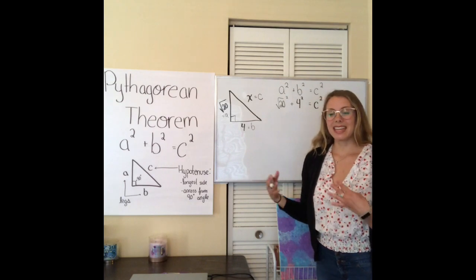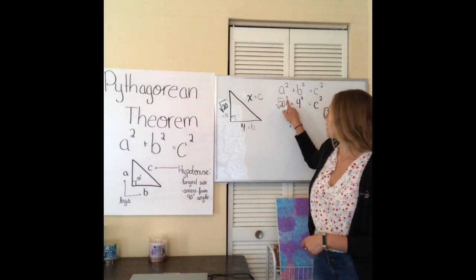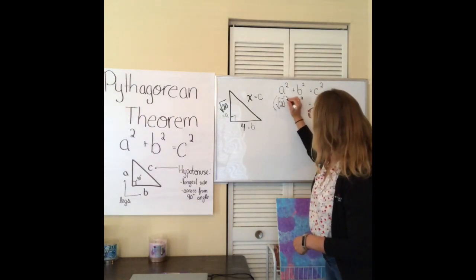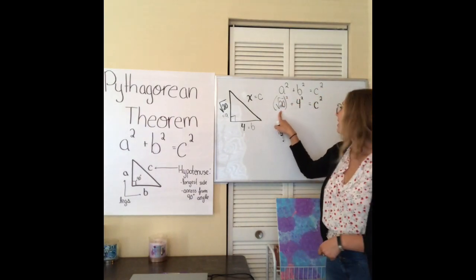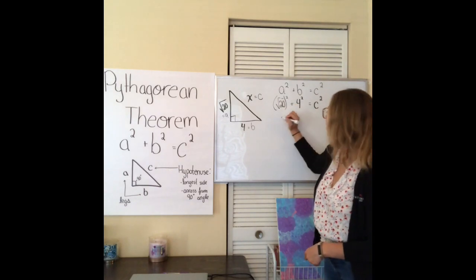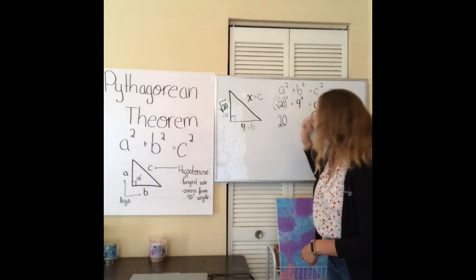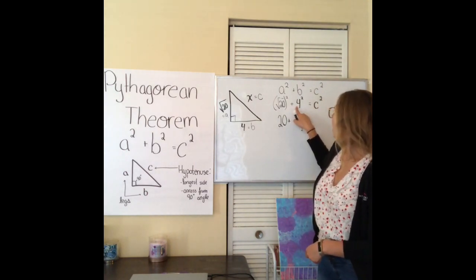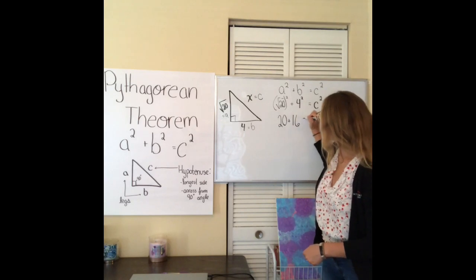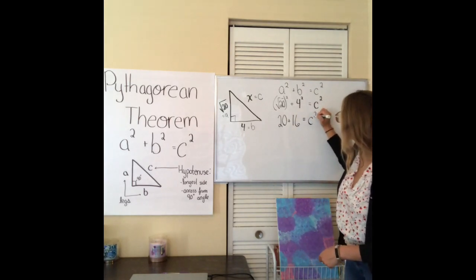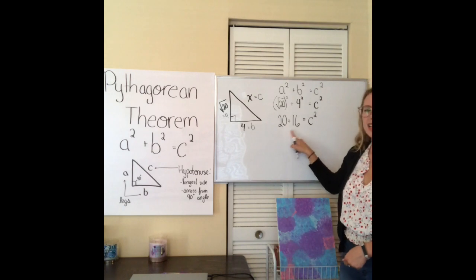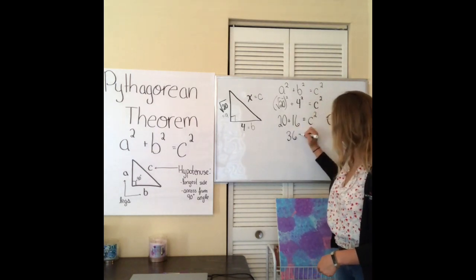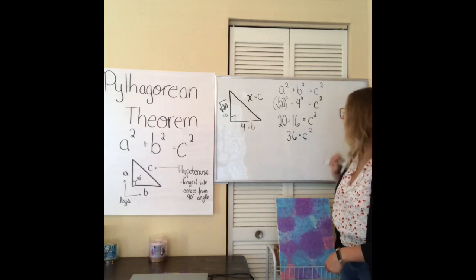Remember how I said that the inverse operation of something squared is the square root? So if we were to take the square root of 20 squared, we would just get 20. Plus 4 times 4 is 16 equals C squared. 20 plus 16 is 36 equals C squared.